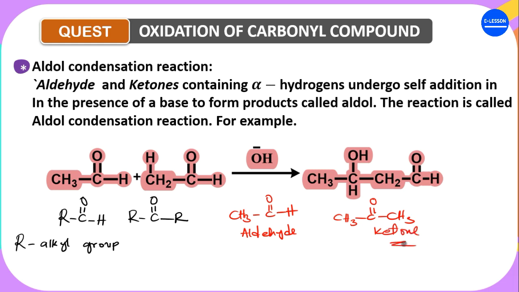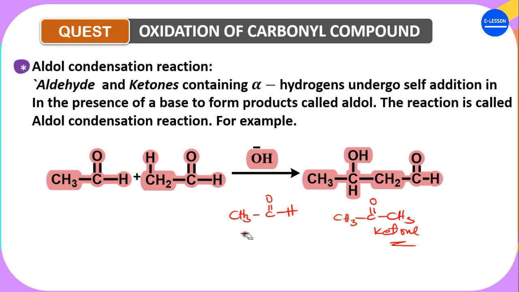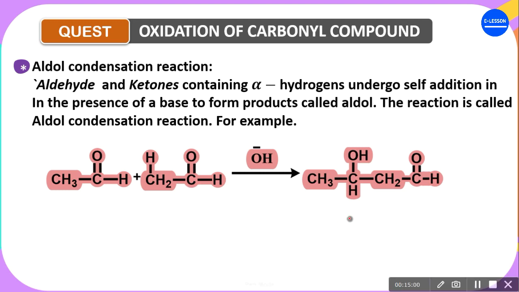Now, what is the alpha hydrogen we are talking about? The alpha hydrogen is the hydrogen that is on the alpha carbon. Now the question you will want to ask me is, which of the carbons is an alpha carbon? Whenever you look at any compound, first of all, this is the functional group, right? Any carbon very close to that functional group is an alpha carbon.